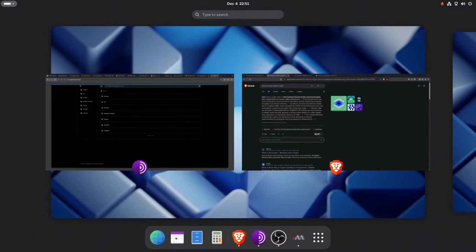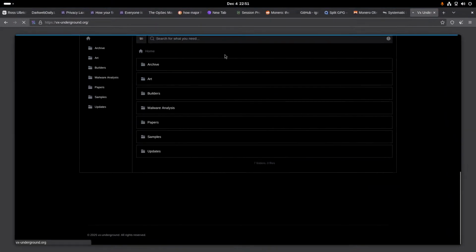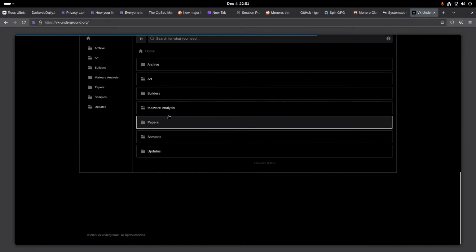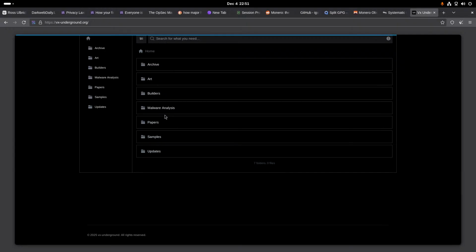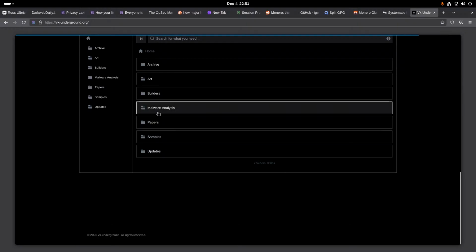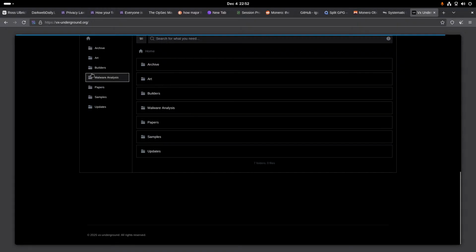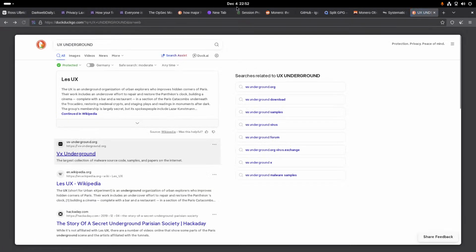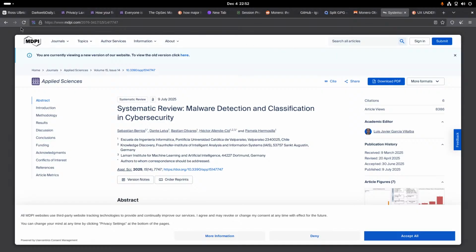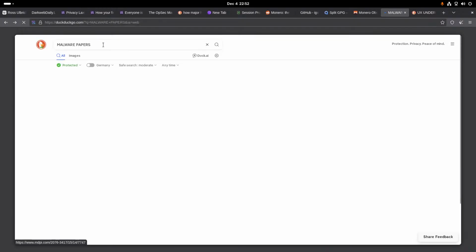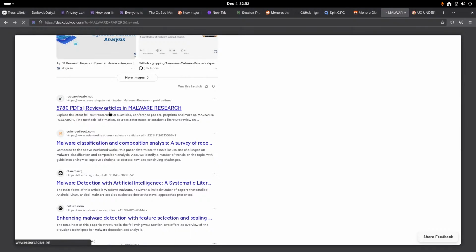Why is this taking so long? The site doesn't want to load. ResearchGate.net.